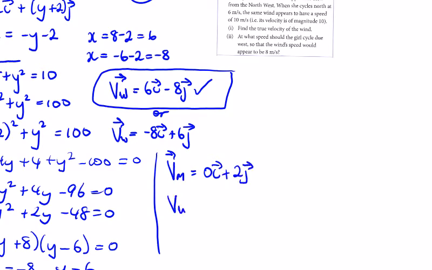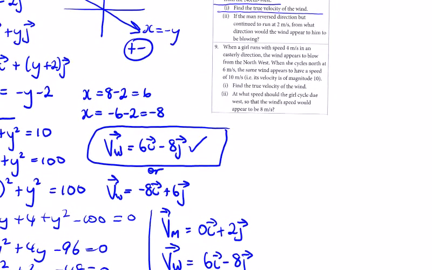The velocity of the wind we've worked out to be 6i minus 8j. So the velocity of the wind relative to the man is 6 minus 0, 6 in the I direction, and minus 8 minus 2 in the J direction, minus 10.